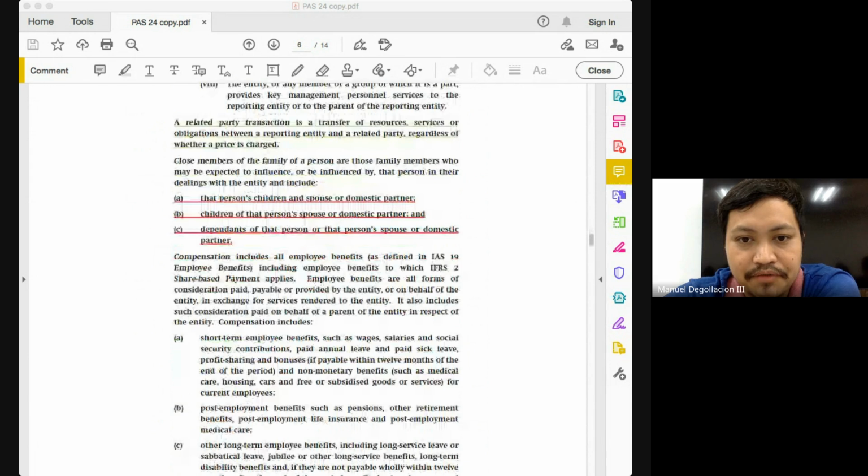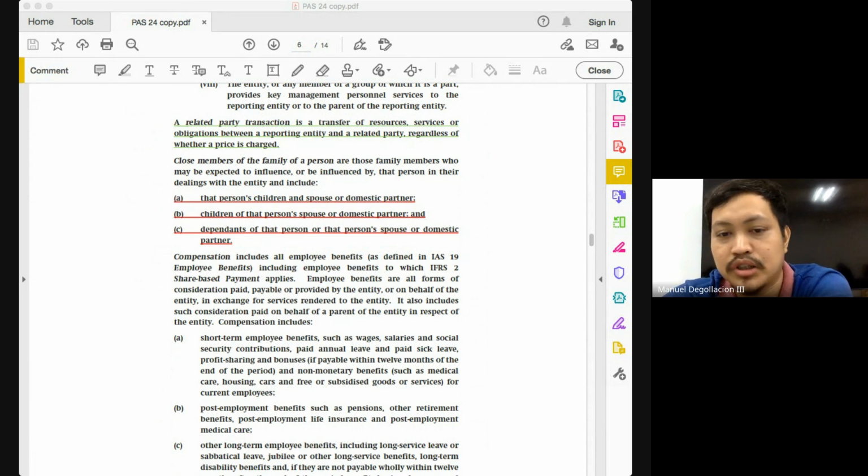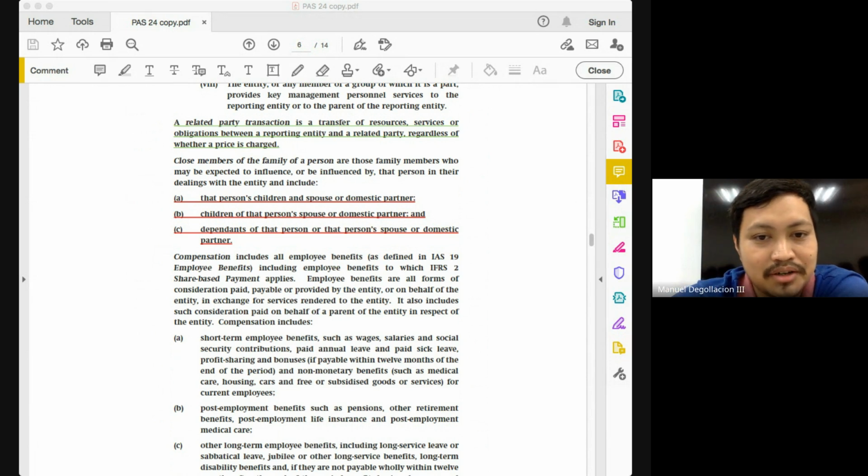Now, close members of the family are those family members who may be expected to influence or be influenced by that person in their dealings with the entity and include. So, how will this be asked as a multiple choice question? Which of the following will be considered as a close member of the family, and you already have three choices there. So what the question will normally do is just add an item that is not among those three. So what should you do? Remember these three, and what are these three, class?